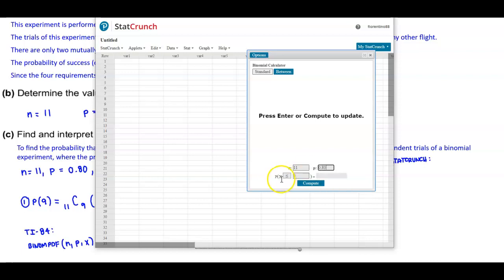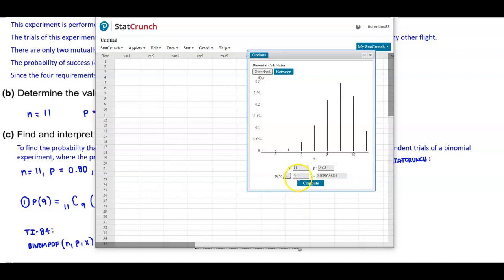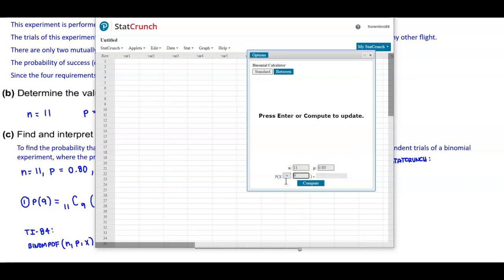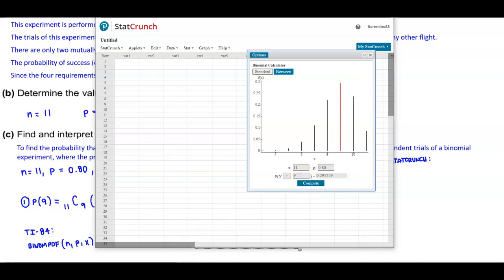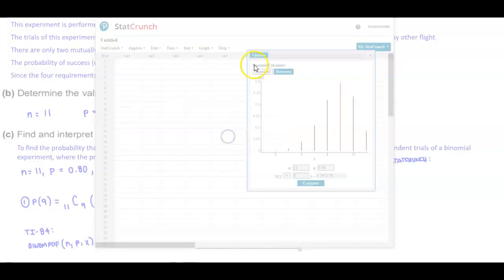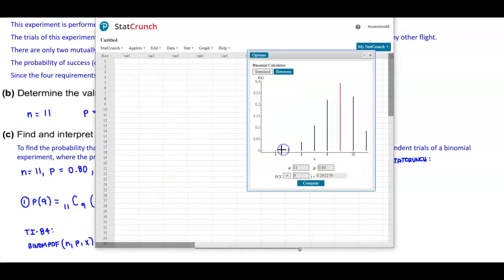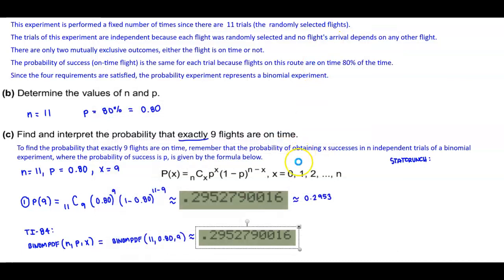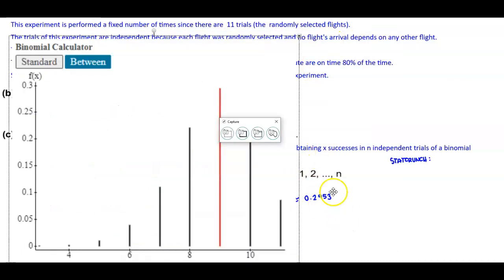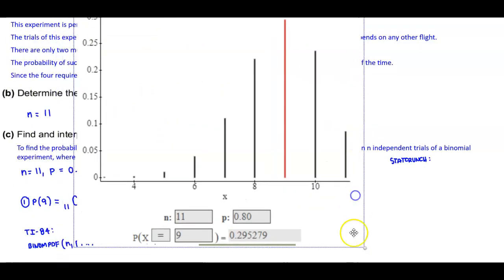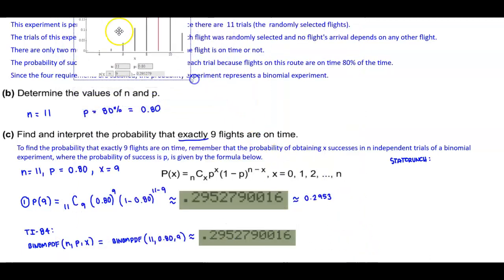Now X has to equal, so we scroll down to where it says equal, and it has to equal the value of 9. Then we select Compute, and you're going to see that we get the same result for the probability there. So therefore, for part A, you can see that there are 3 ways of being able to get this result.